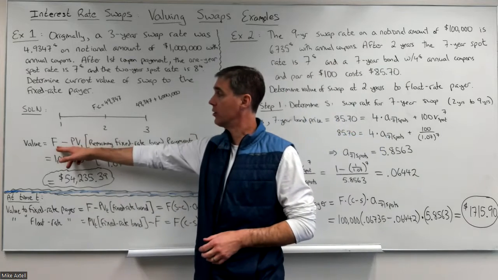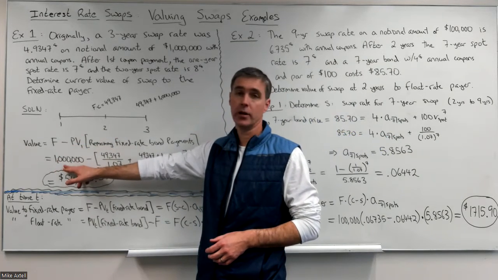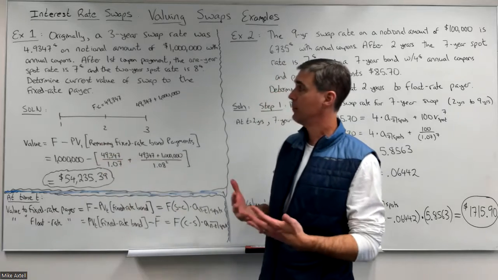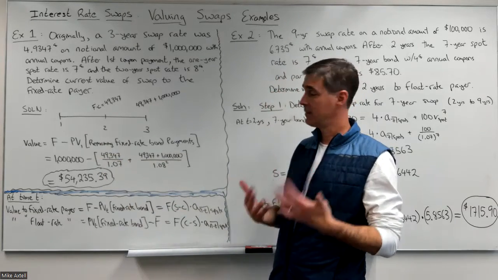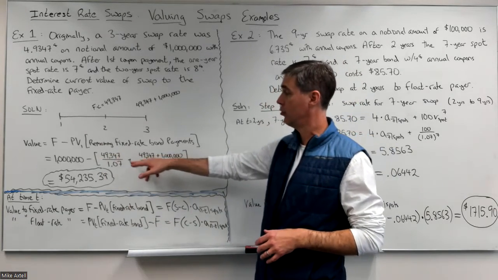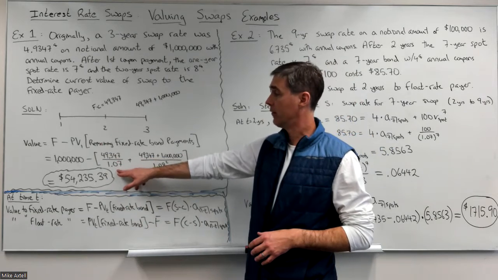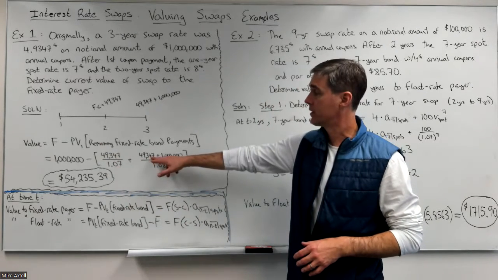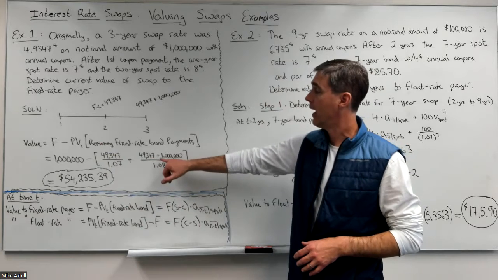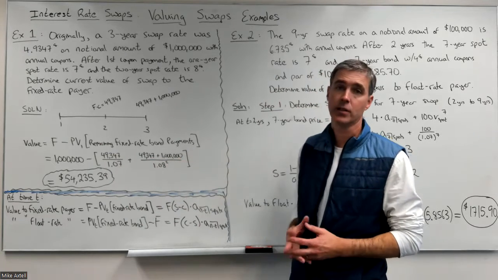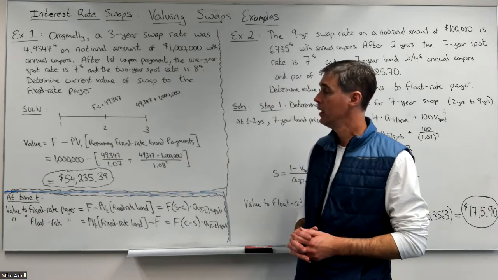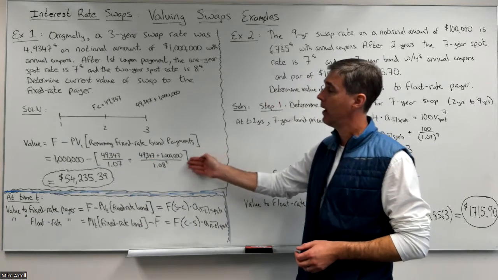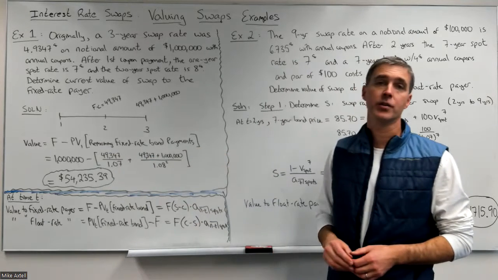So the face value of the float rate bond was $1 million, minus the payments that the fixed rate payer has to make, the $49,347 coupons. There's the first one at time 2 dragged back to time 1, and there's the coupon at time 3 dragged back to time 1, and there's the $1 million payment dragged back to time 1. All right. So there's the value to the fixed rate payer, and that cranks out to be $54,000 change.